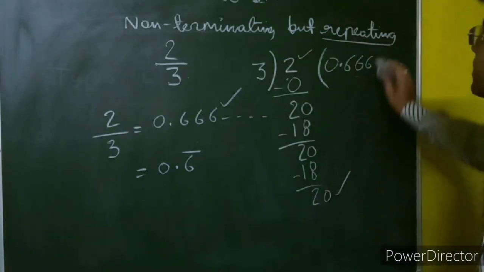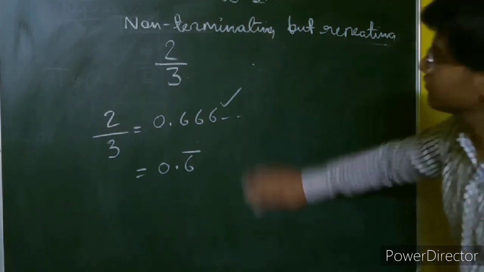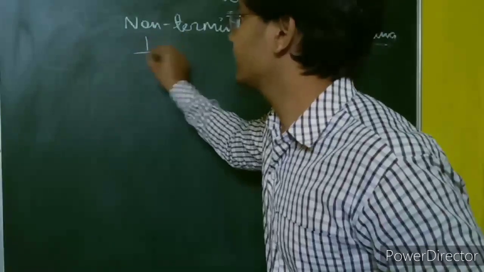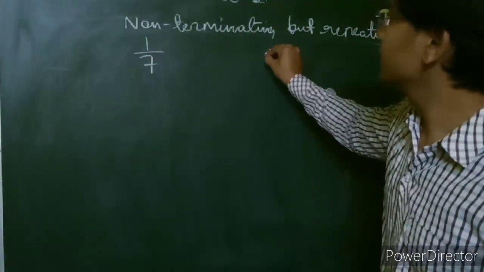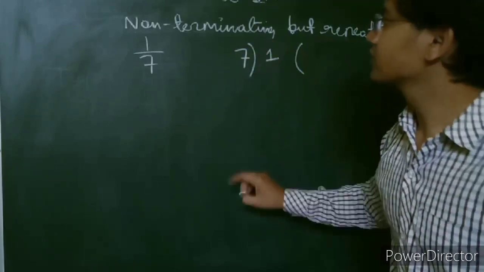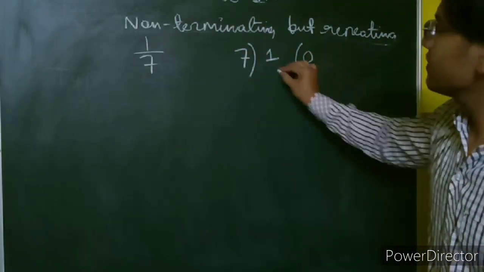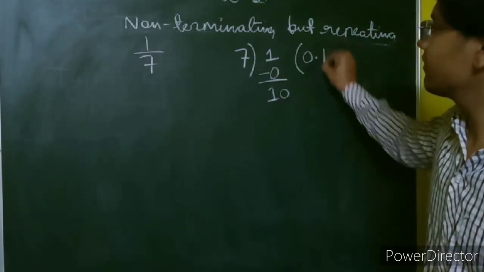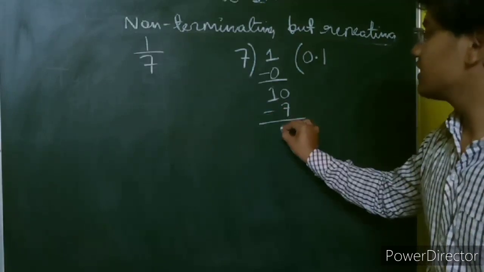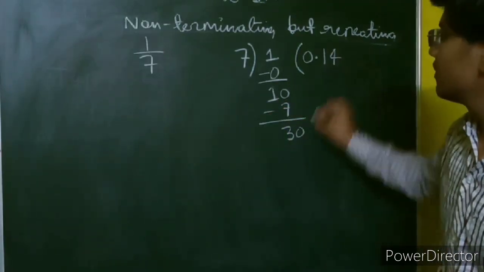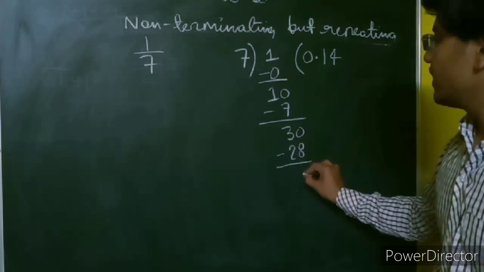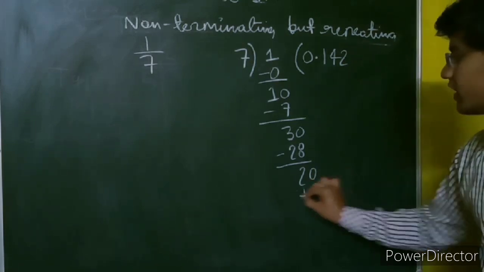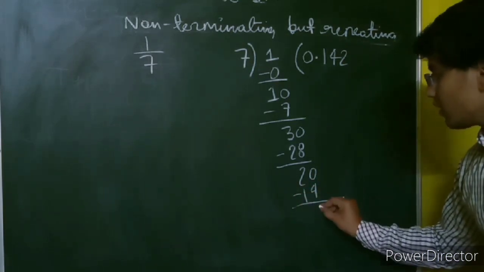Let us consider 1 upon 7. What happens to the decimal expansion of 1 upon 7? If we divide 1 by 7, 7 zeros are 0, 1 came, we will write here 0. 7 ones are 7, remainder is 3, 7 fours are 28, remainder is 2, 7 twos are 14, remainder is 6.